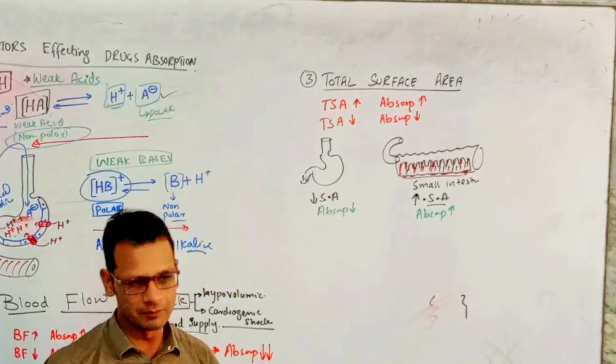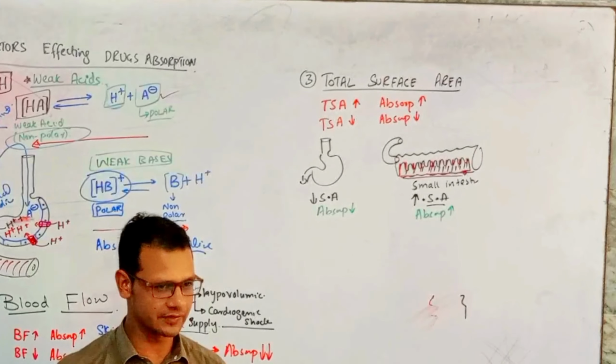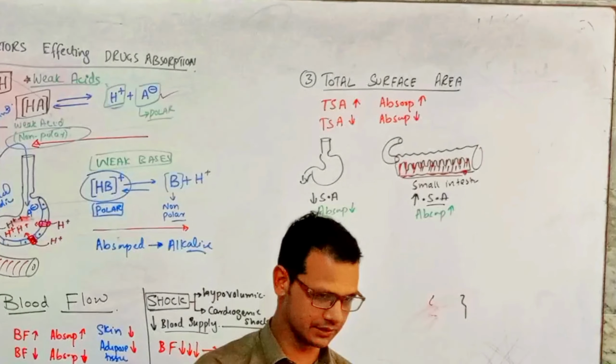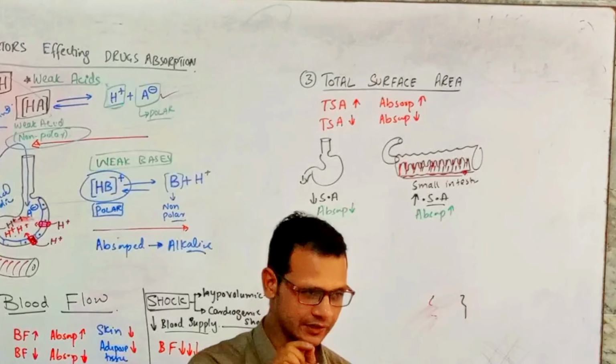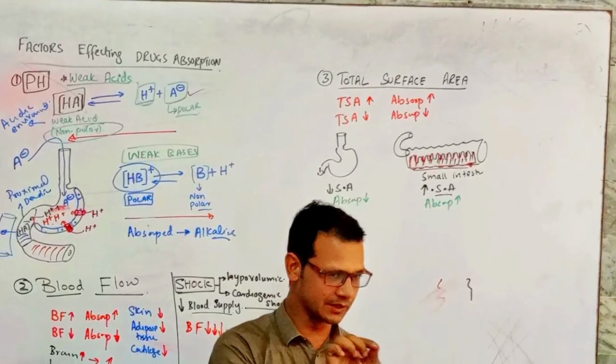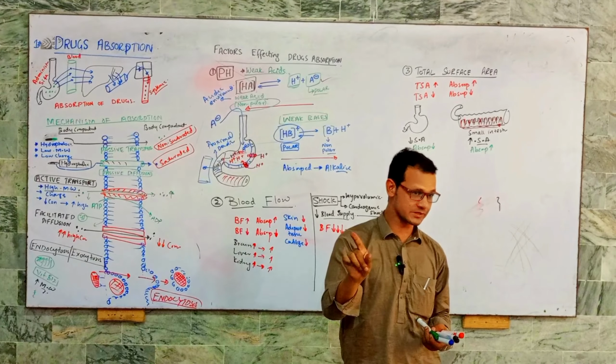Now we will compare the empty stomach and full stomach. If we take the drug with an empty stomach or with a full stomach, a full stomach decreases the absorption rate, because the drug is not available to the surfaces of the cells.